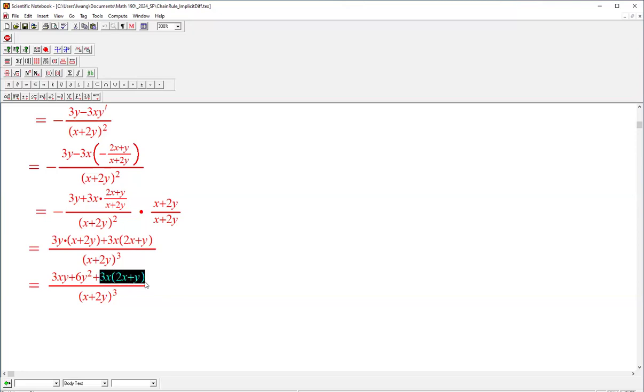The next part, we're going to get 6x squared plus 3xy. Okay? This is a great exercise to enhance our algebra skill. So this is 3xy, that makes 6xy, right?